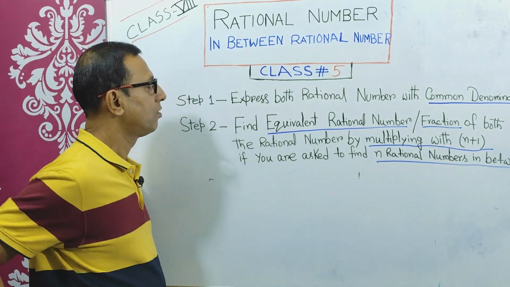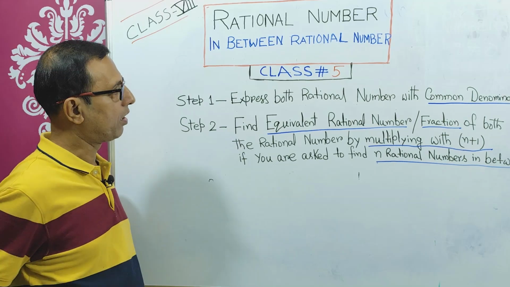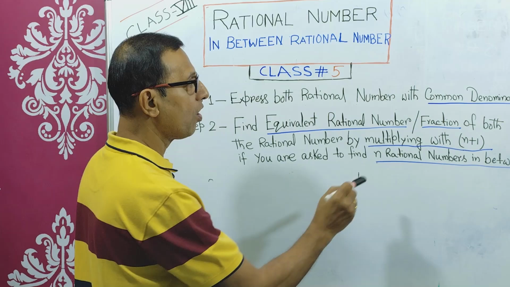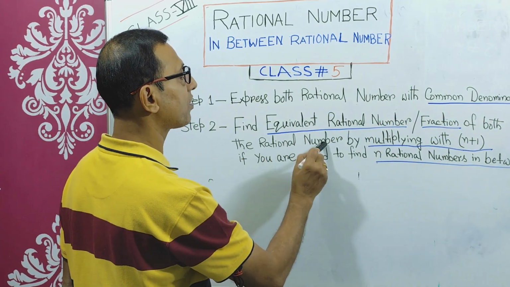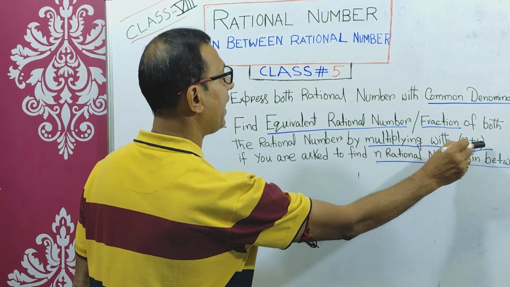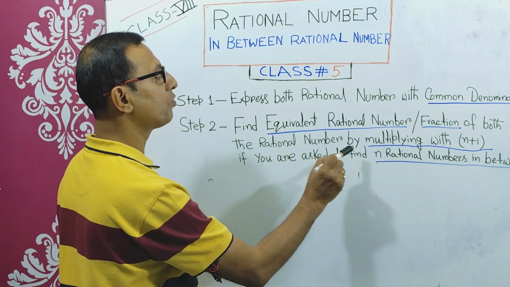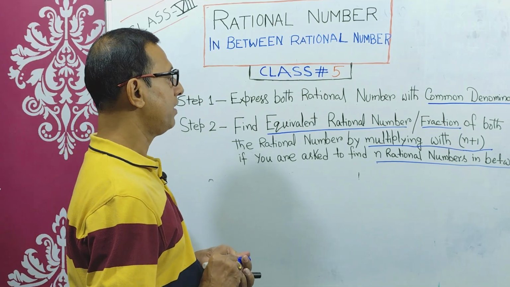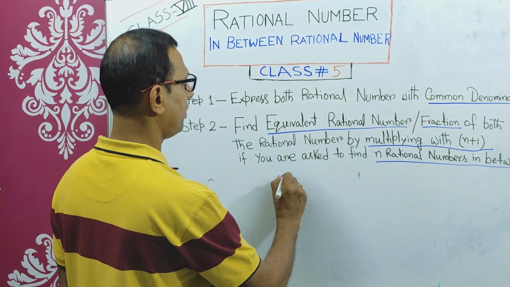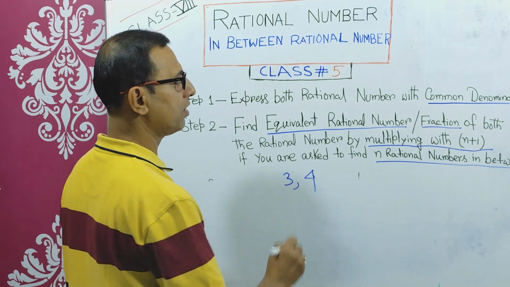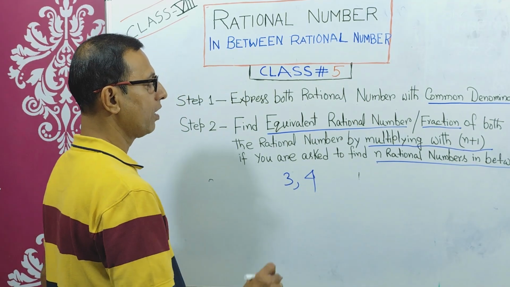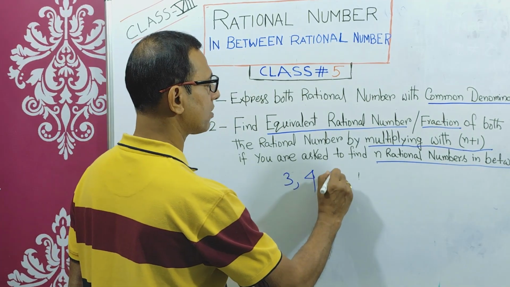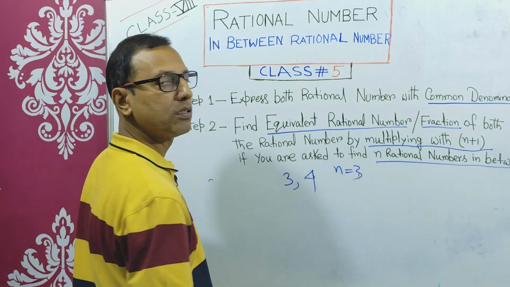Now in step 2, what is said? Mark the underlined part: find the equivalent rational number or fraction of both the given rational numbers by multiplying with n plus 1, if you are asked to find n rational numbers in between. What does it mean? Let's say 3 and 4 are given, and you need to find 3 numbers in between, so n equals 3.